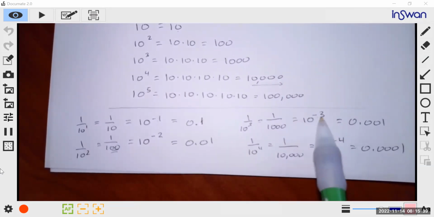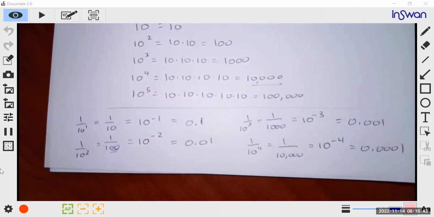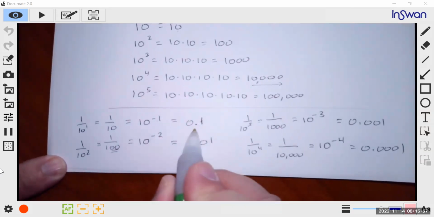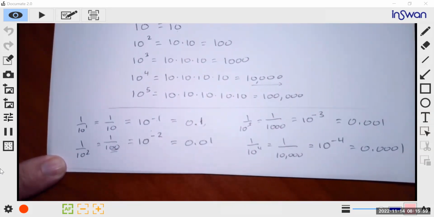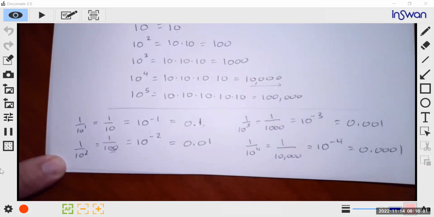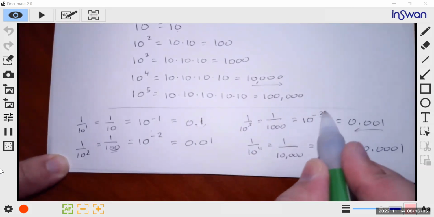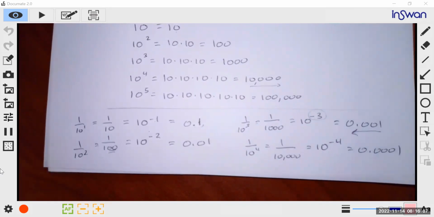The bigger the negative exponent, the smaller the number is. But more so, what direction is the decimal moving? We start off with 1, right? So now it's 0.1, 0.01, 0.001. With negative exponents, the decimal goes to the left.